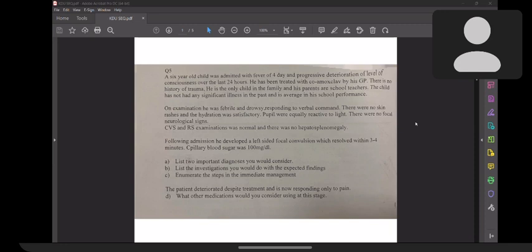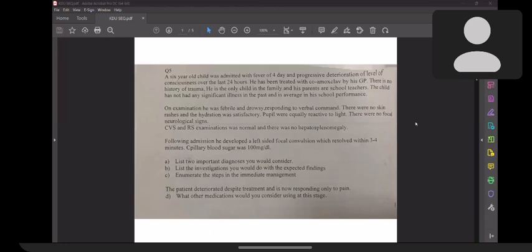Cardiovascular and respiratory system examinations were normal, and there was no hepatosplenomegaly. Following admission, he developed a left-sided focal convulsion, which resolved within 3 to 4 minutes. Capillary blood sugar was 100 milligrams per deciliter, right? At a subsequent stage, there is a part which asks for the immediate management.